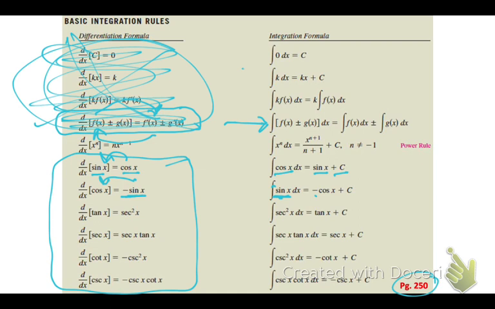Towards the end of the year, I let you use the differentiation integration sheet every single test. But those cannot be on there. Why? You should know them. And neither should the product, the quotient, or the chain rule. You need to know them. Those are ones you have to know. Okay, now that I've got my soapbox.